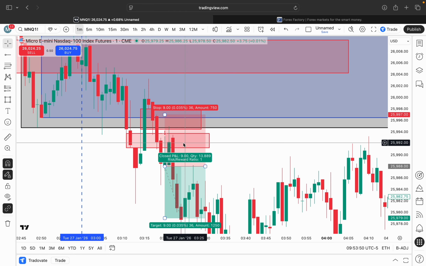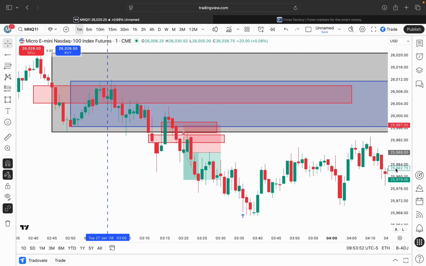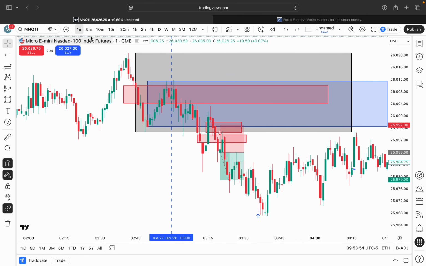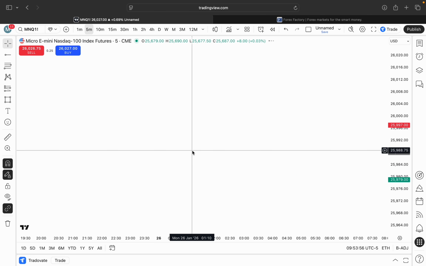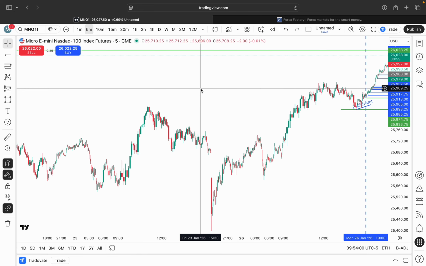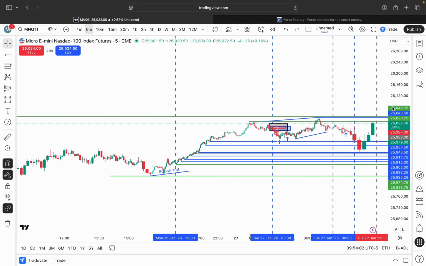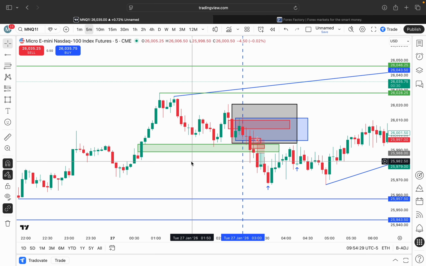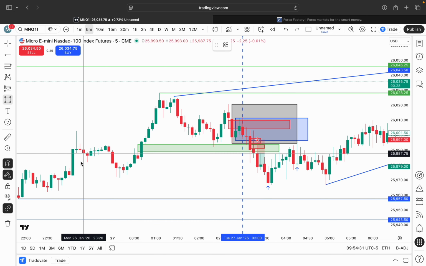Zooming out, we can see, well, not on the 1 minute, but if we go into the 5 minutes, we can see that we still have an opposing fair value gap right here and down here.